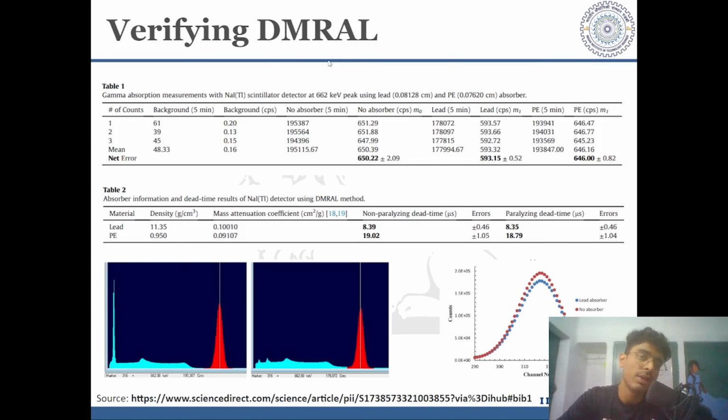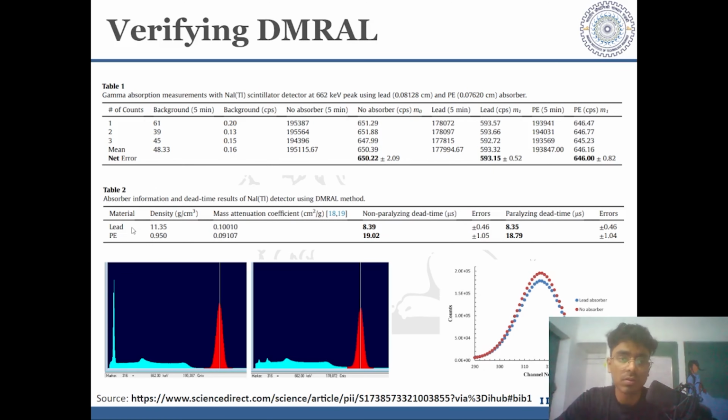All the readings were taken for 5 minutes, and these were the readings recorded when there was no absorber between source and the detector. And these were the readings recorded when lead was used as an absorber between source and the detector, and again these were the readings recorded when polyethylene was used as absorber.